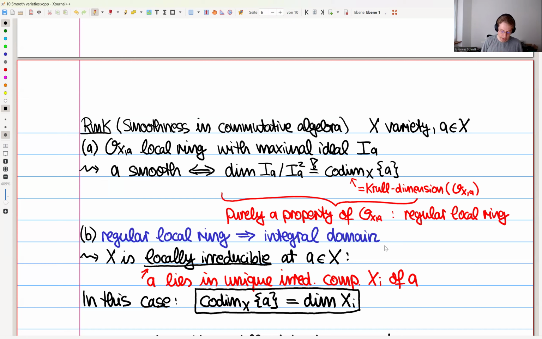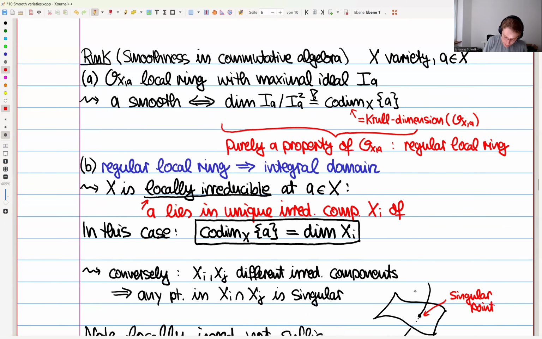And so having this local ring be an integral domain corresponds to X being locally irreducible at this point, which means that A lies in a unique irreducible component, let's call it xi, of X. So there is exactly one irreducible component of X passing through this point A.